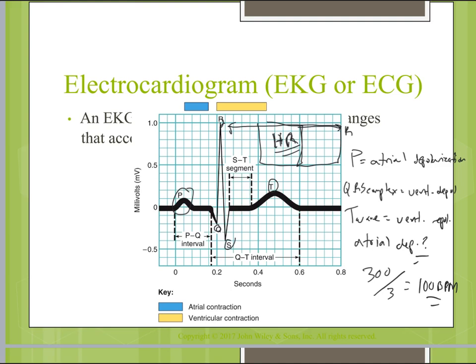If you think about it, it should come before the T wave. So it should be somewhere, and we'll highlight where it should be, a little region. It should be somewhere here. So how come we don't see it? Well, that QRS complex is so big that it tends to mask the atrial repolarization graph. So that's why we don't see it.